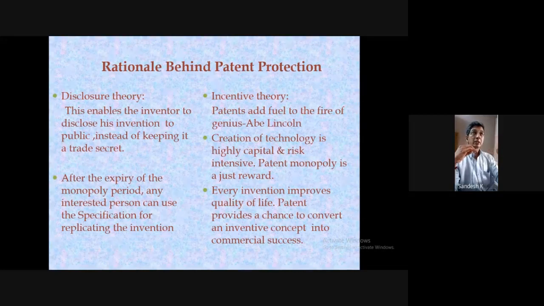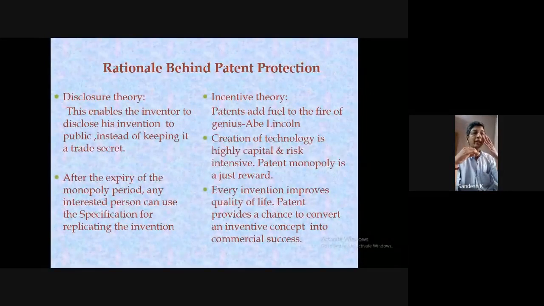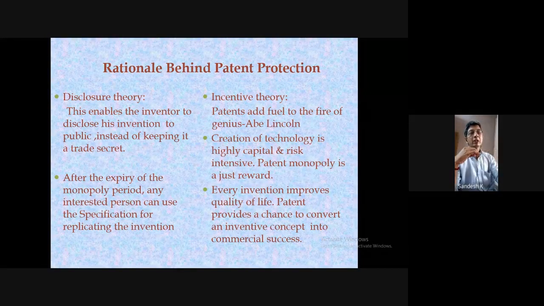But the original patent will have its own validity, its own value. It's not that if you file another one, he will lose the value. The field is open for all sorts of business and improvements in the patent. Until the expiry of the patent, it becomes a monopoly of that particular person.